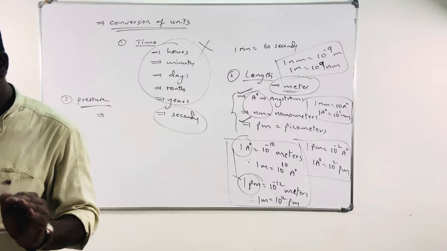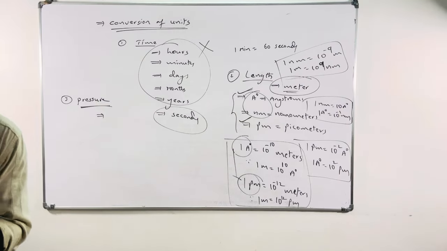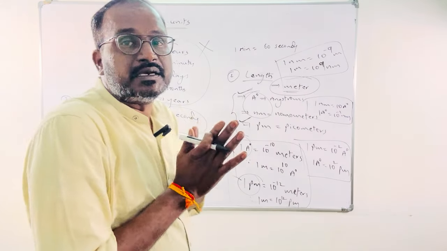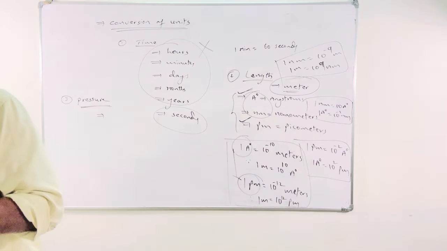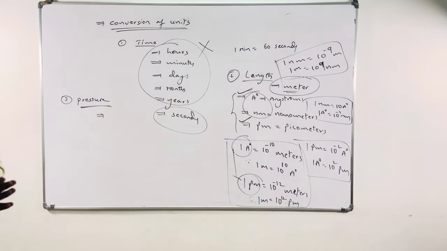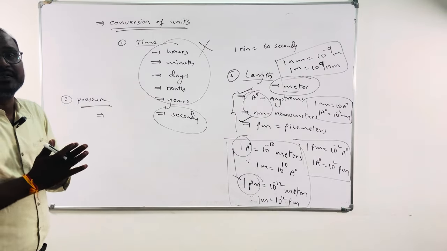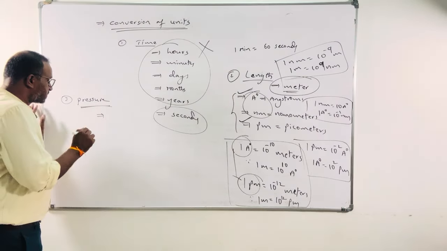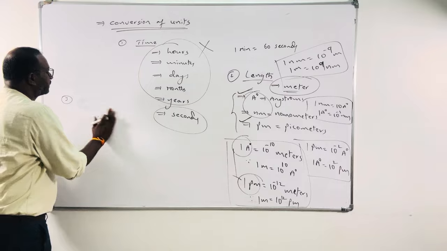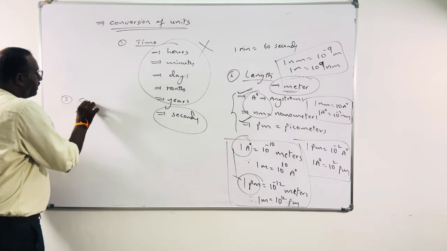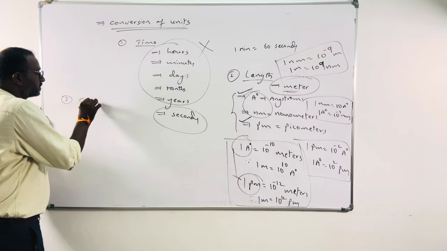Here, mostly the pressure will be measured in atmospheres, and volume will be measured in liters. So conversion of liter atmospheres into joules.